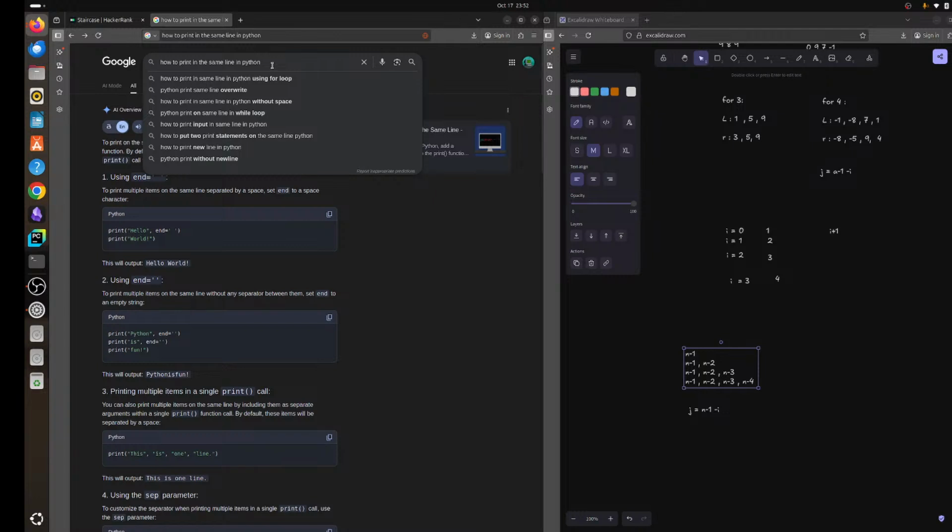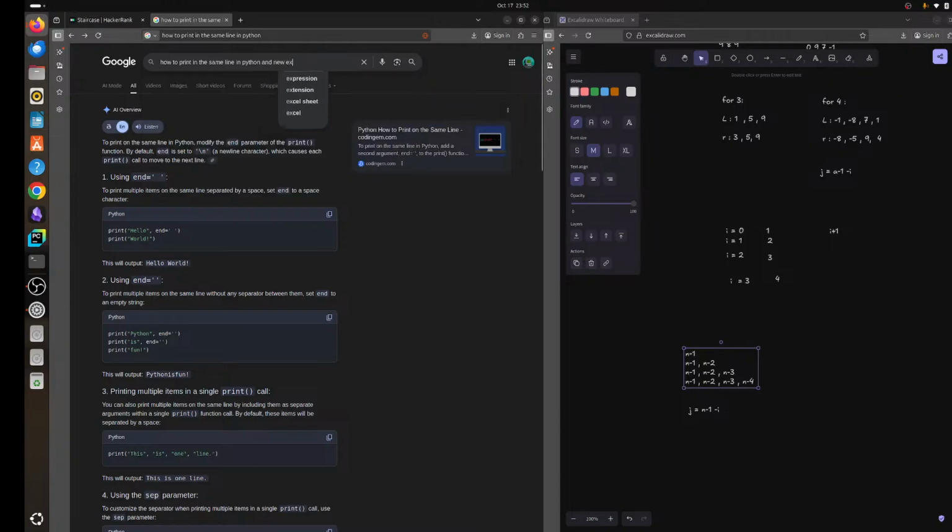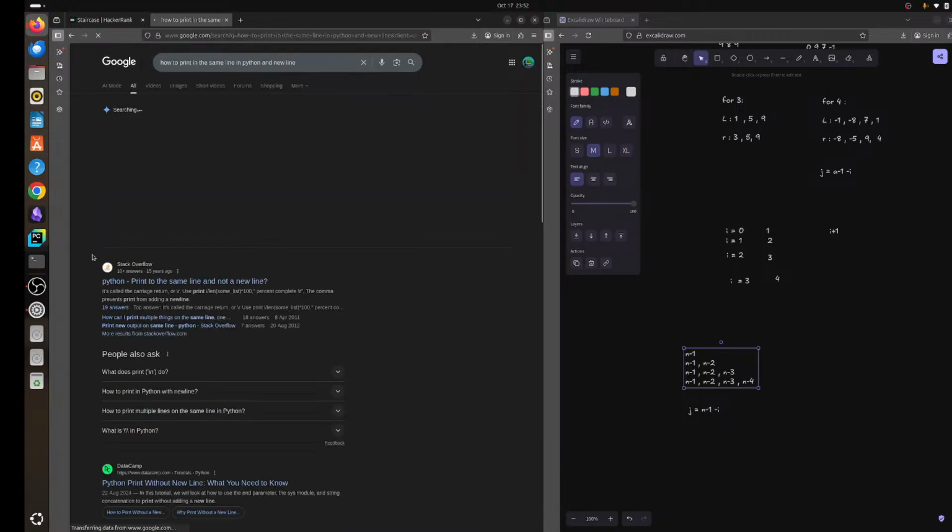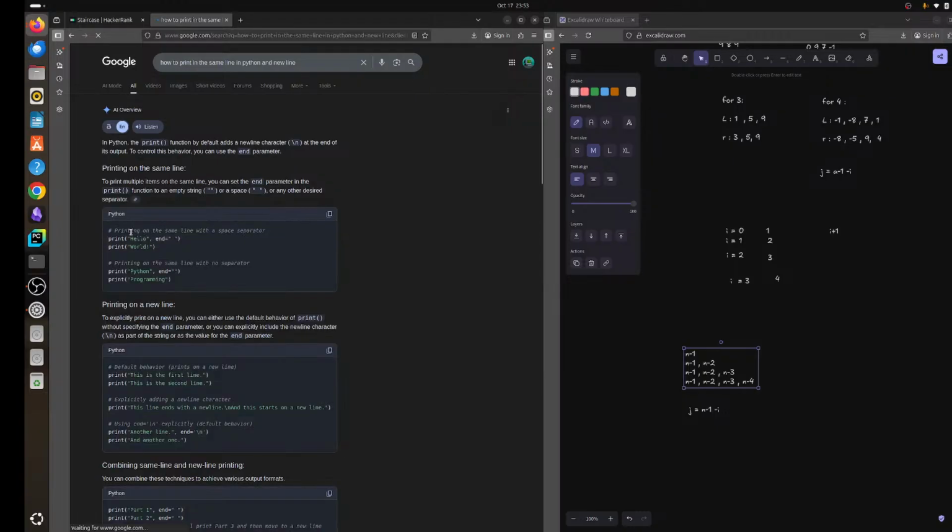Print in the same line and new line, same line and new line, another line and slash.